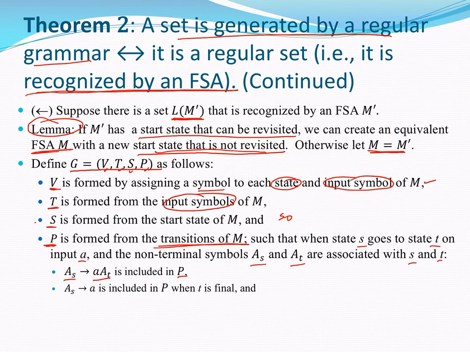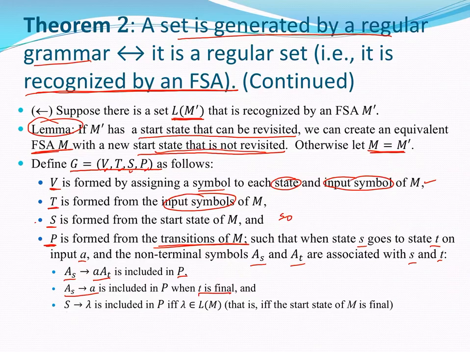And I include A_S produces the terminal symbol a when T is a final state. And then I include S produces lambda if the start state of M is final. And that grammar will produce the language that is recognized by our machine by construction.